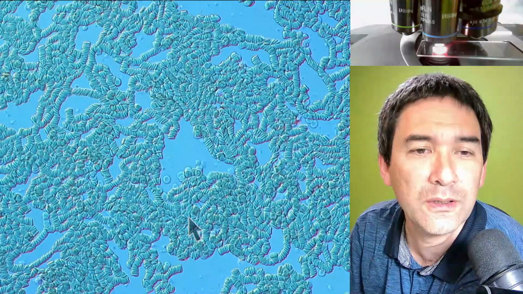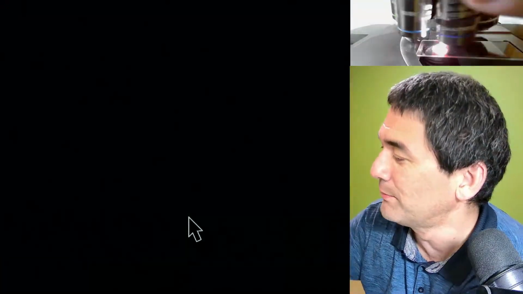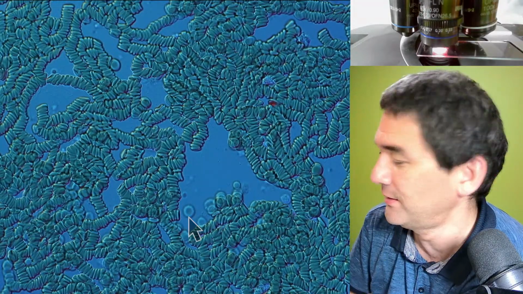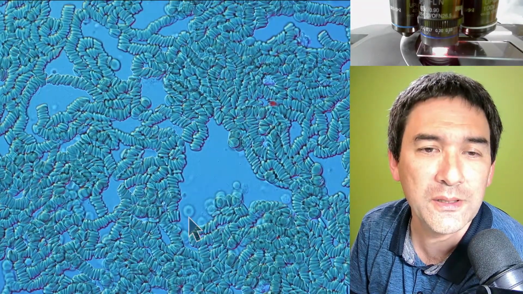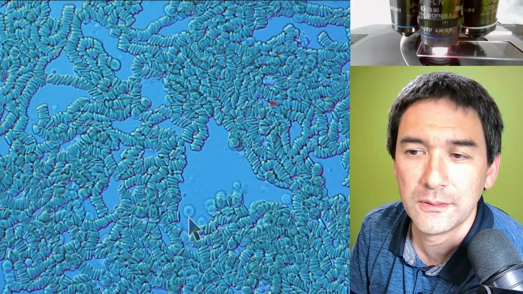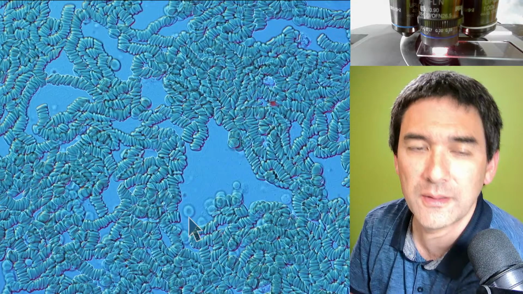Yes, beautiful. This is called rouleau formation. Do you see? Sometimes people freak out when they see that. But there's nothing to worry about. Do you actually see the red blood cells stacking up? So this is called rouleau formation.